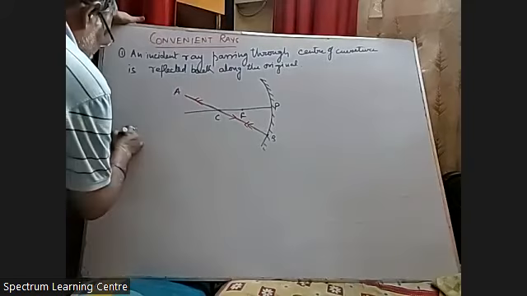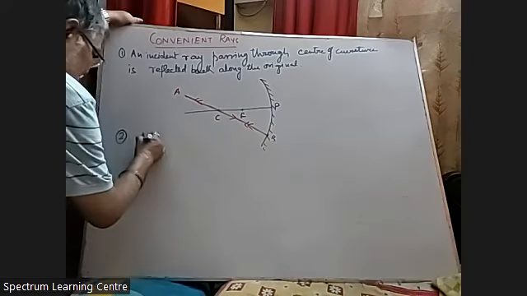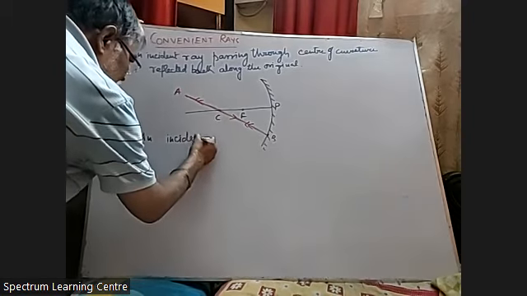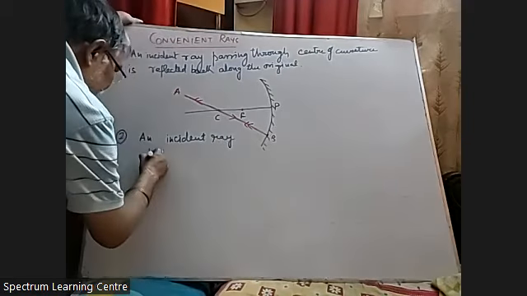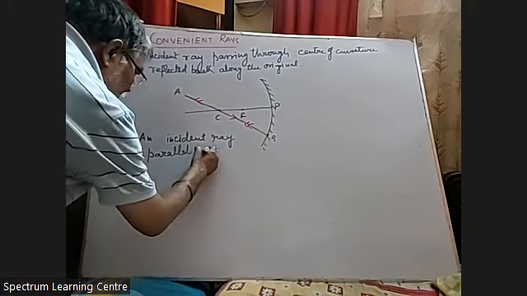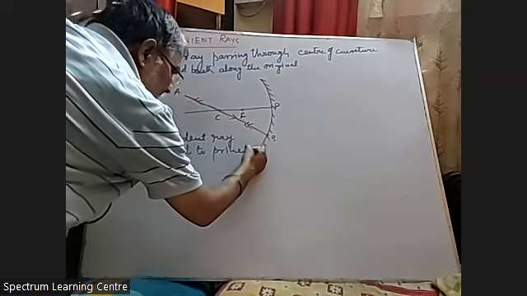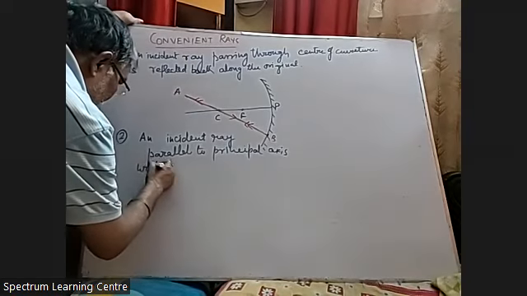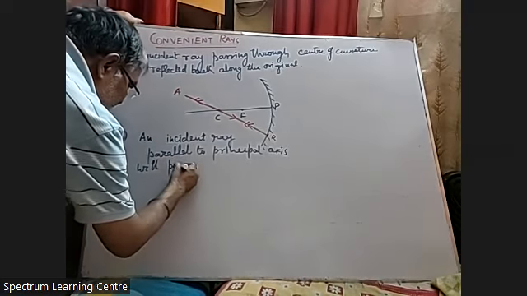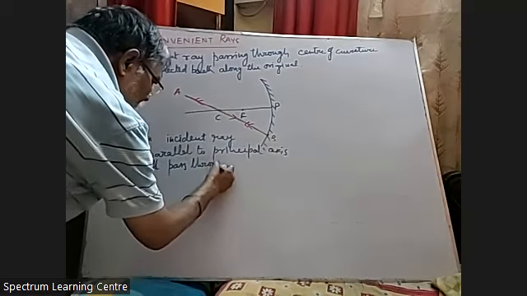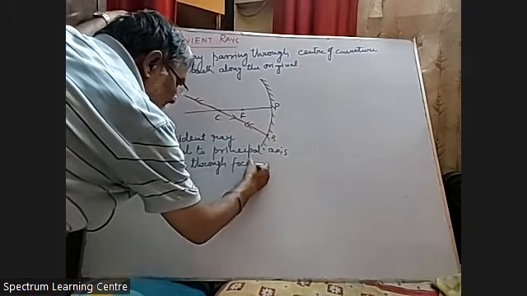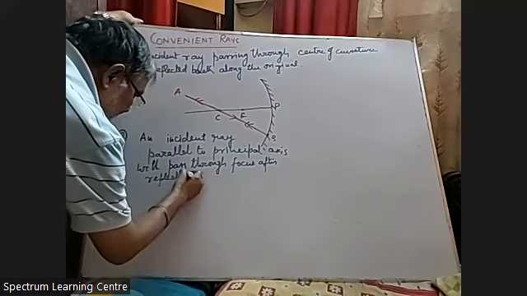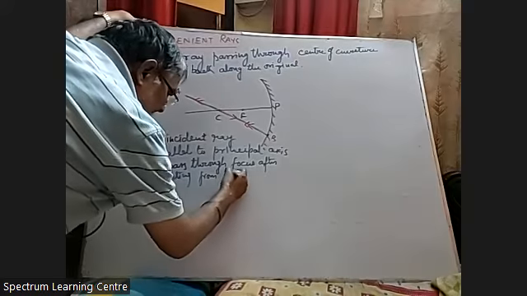Number 2, an incident ray parallel to the principal axis will pass through the focus after reflecting from a spherical mirror.